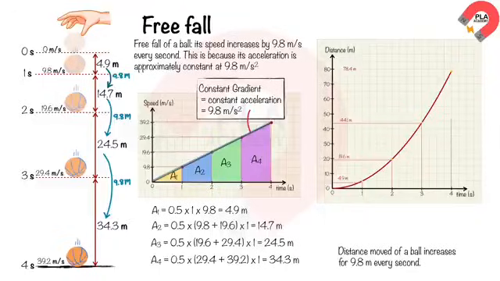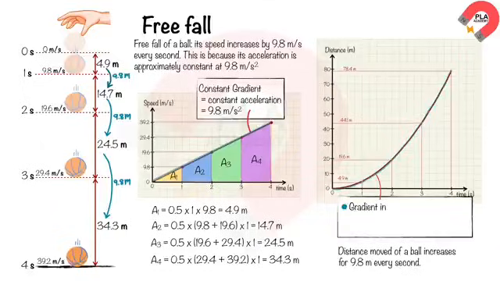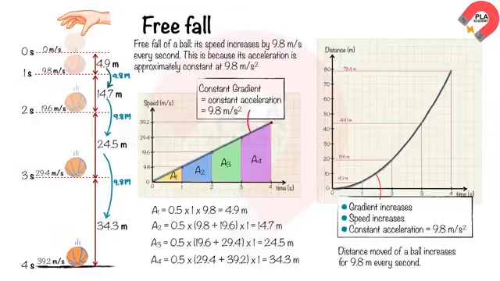At 4 seconds, the distance is 44.1 plus 34.3, which is equal to 78.4 meters. Then we draw a best fit curve. The distance time graph shows that the gradient is increasing, which indicates that the speed is also increasing with constant acceleration of 9.8 meters per second squared.